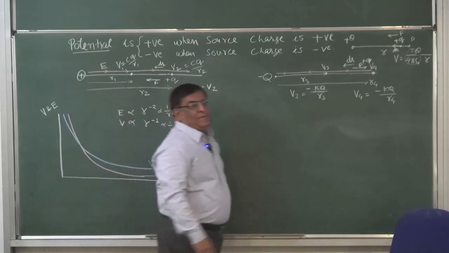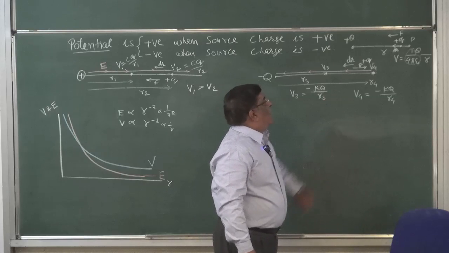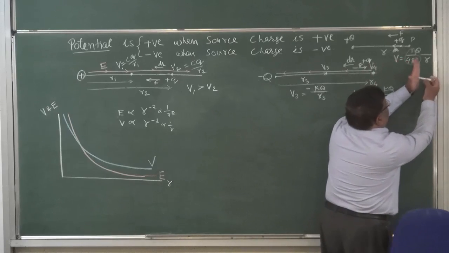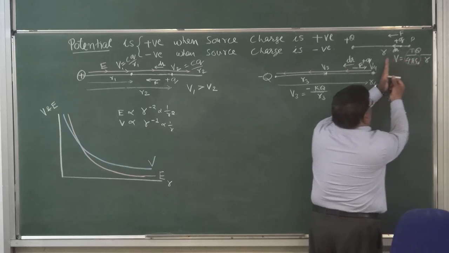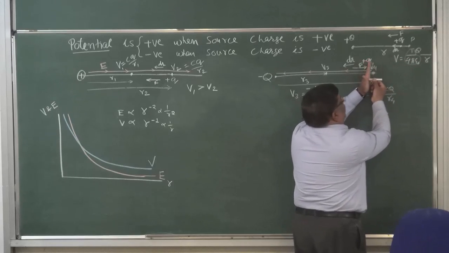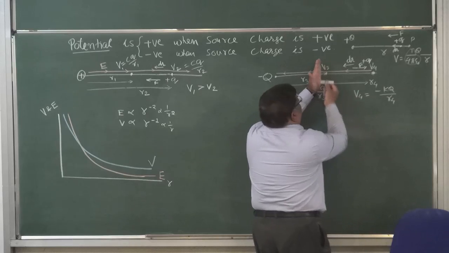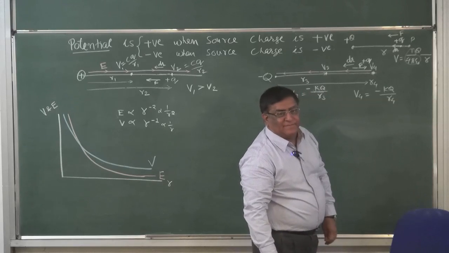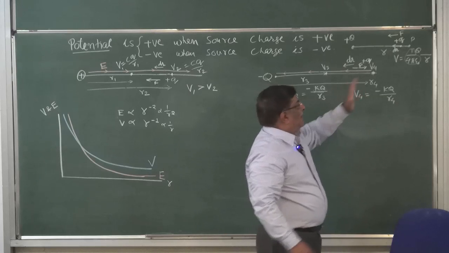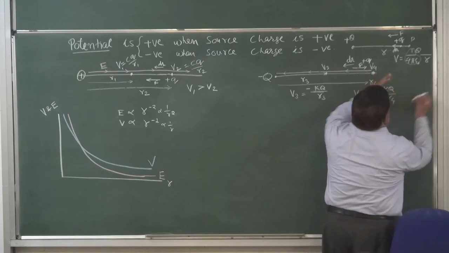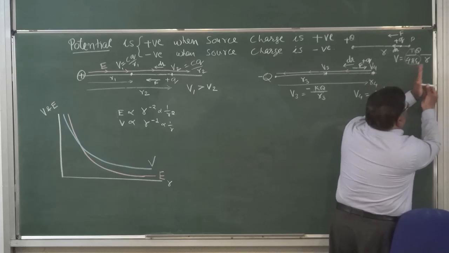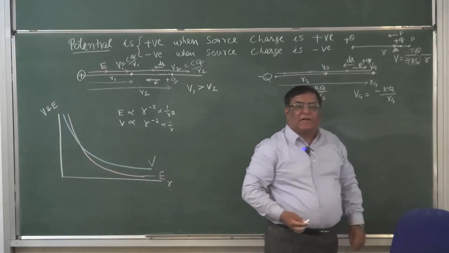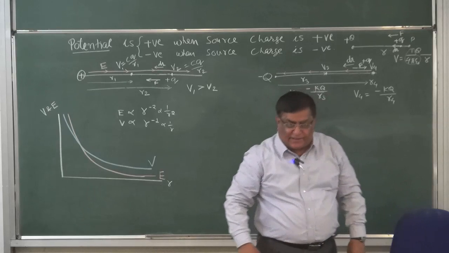Come here. I am applying a force like this, and there is a charge being attracted this way. The work done is 100 this way. The work done is 150. What is the sign of the work done? I am applying force in this direction because the charge is getting attracted. The force is in this direction, but the displacement is this direction. So the sign of work done is negative.